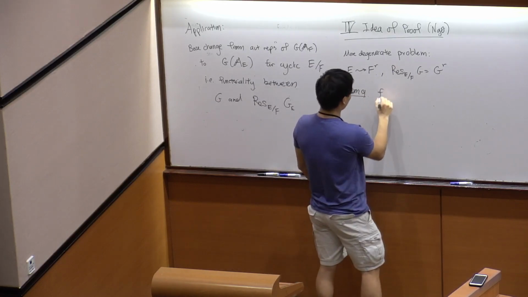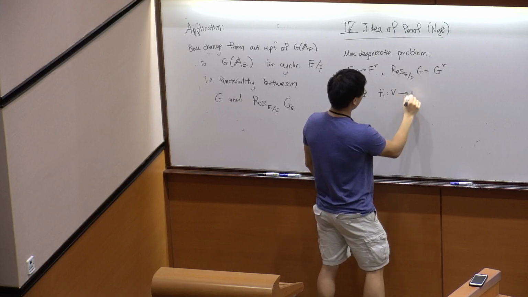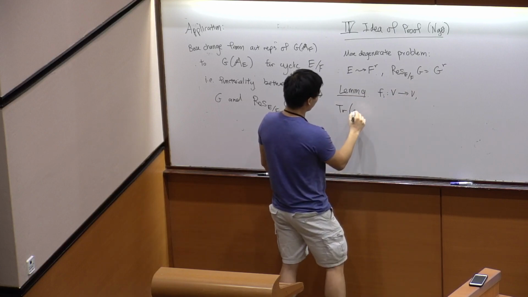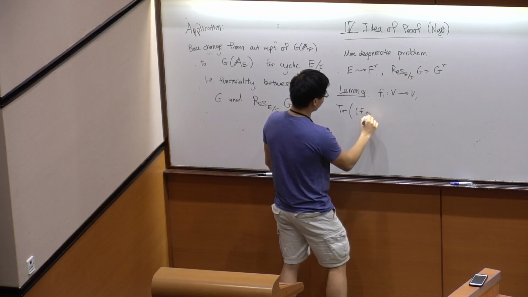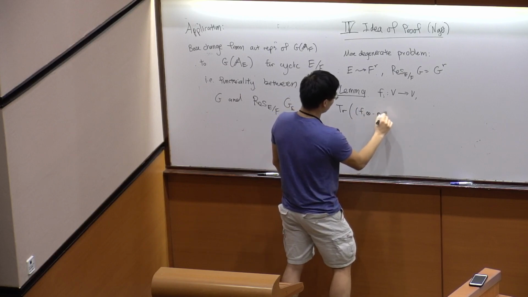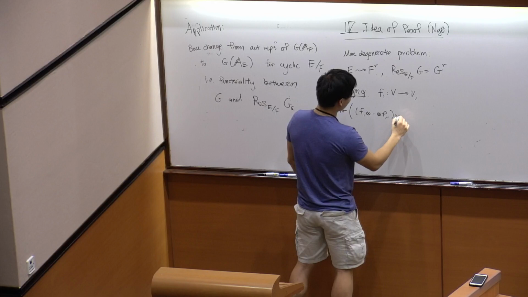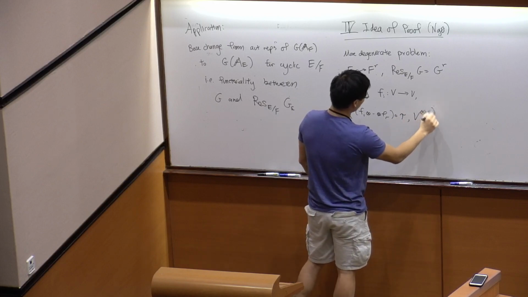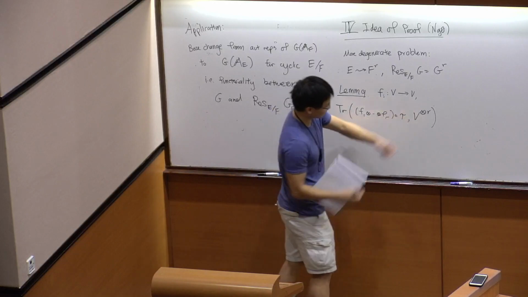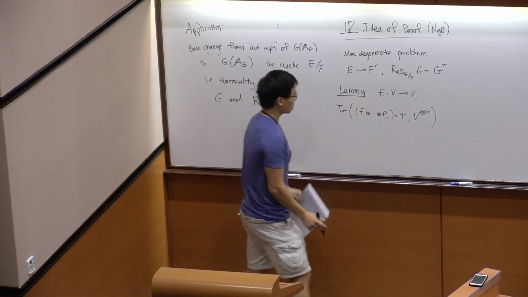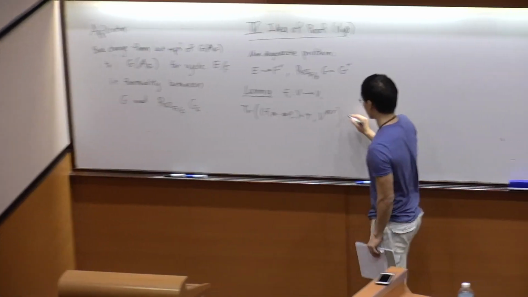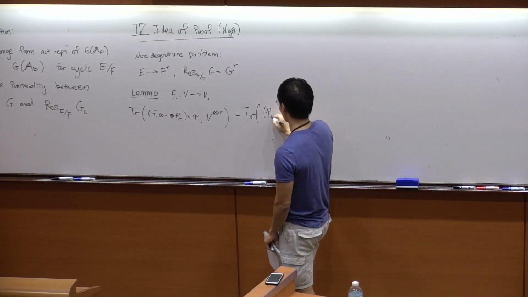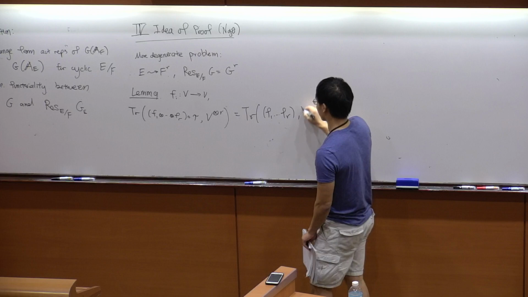If you have a collection of endomorphisms of a vector space, then the trace of the tensor product of these things composed with the cyclic rotation automorphism of V tensor R, which shifts each factor by 1, so this is like a twisted trace, is equal to the trace of the product of these Fs on just V.